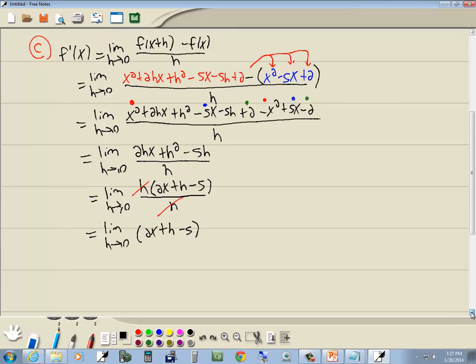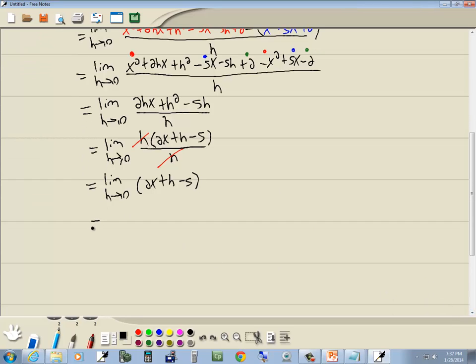That h in the denominator was what was causing us problems, so we're ready to plug in our 0 for h now. So we've got 2x plus 0 minus 5, which gives us 2x minus 5. And that's f prime. Step 2. Change the notation to m, so the f prime becomes m, and we'll plug in the x part of our point.